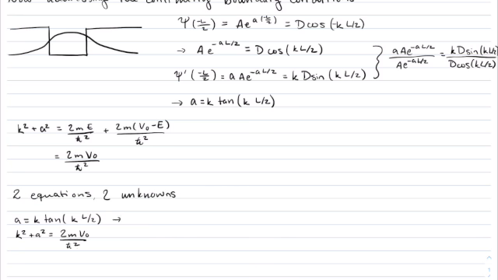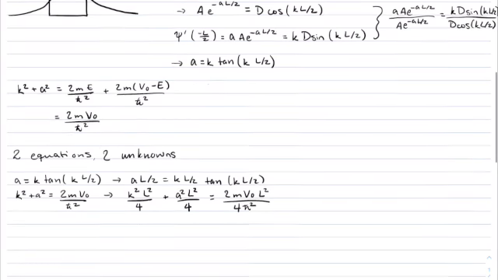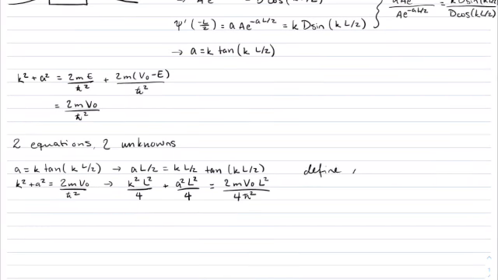And now we can essentially put these into forms that we'll be able to work with better. Essentially multiplying by L over 2 for that first equation, and also multiplying by L over 2, but squared, for the second equation. That's going to make it possible for us to define some new variables.